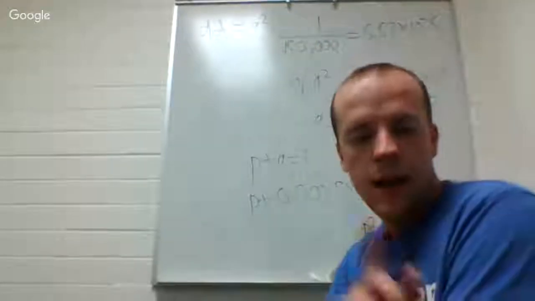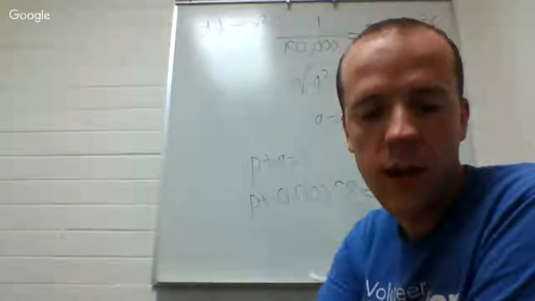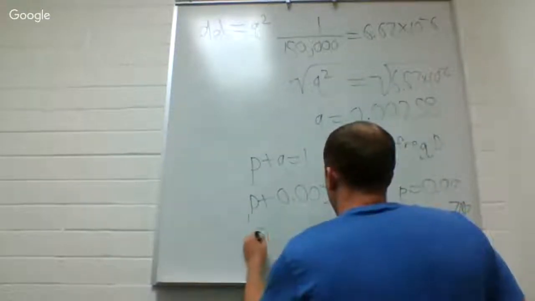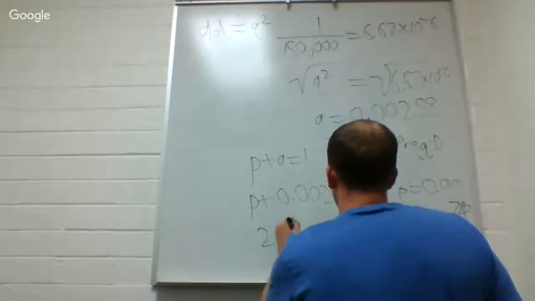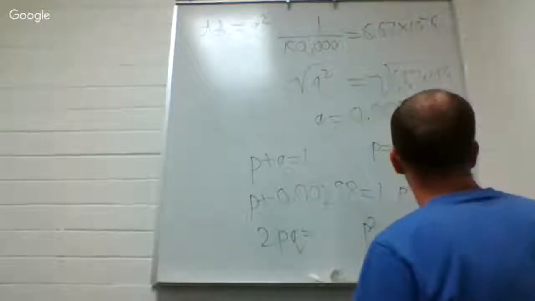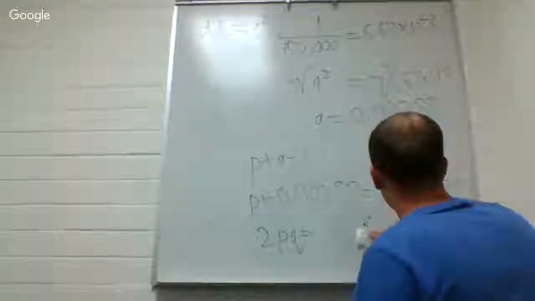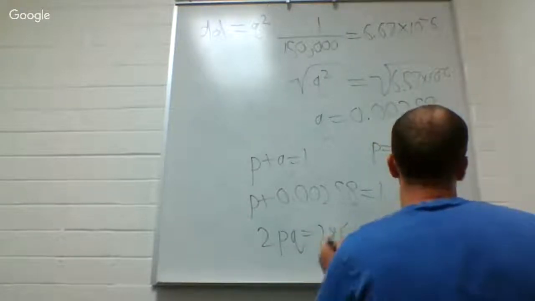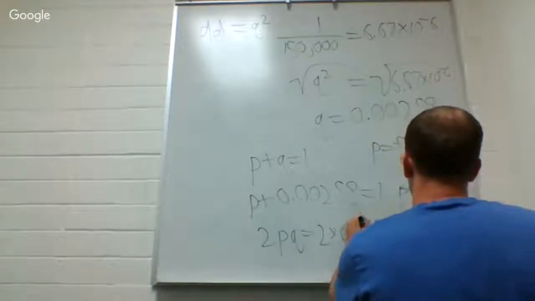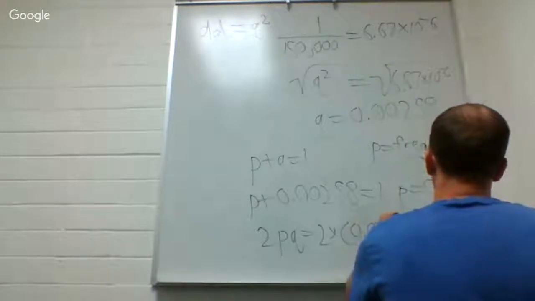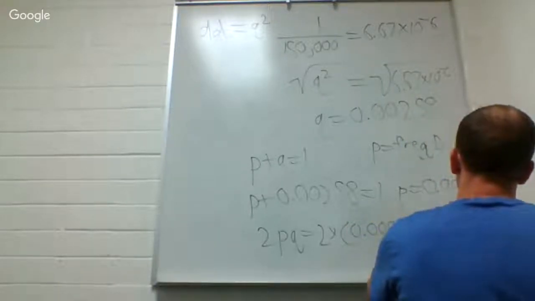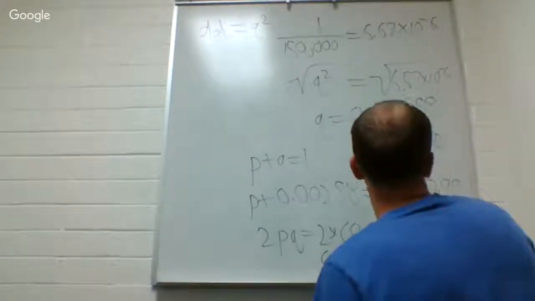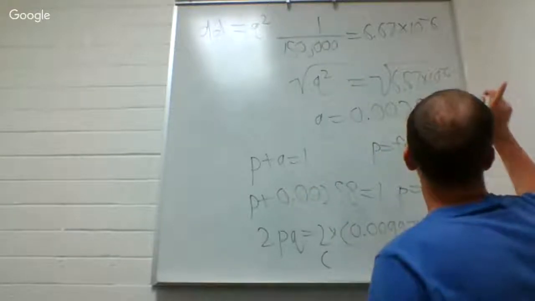0.9948. The next question is, what is the frequency of the big D, little d genotype in this population? So that is going to be our 2PQ, which is going to be 2 times our P value, which is 0.9974, times our Q value, which was, where was it?